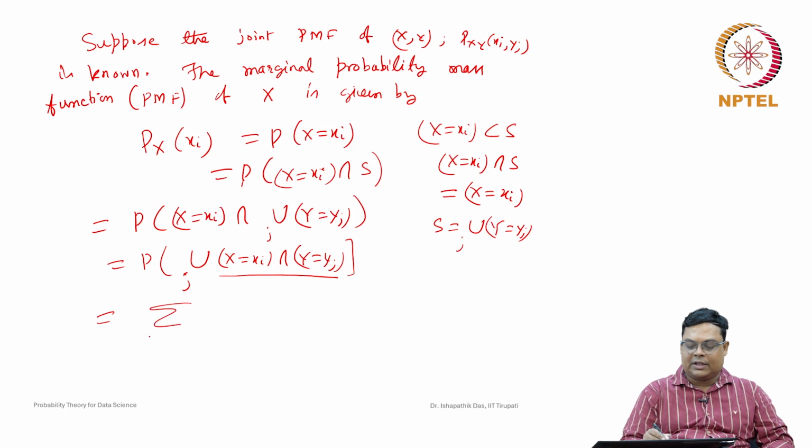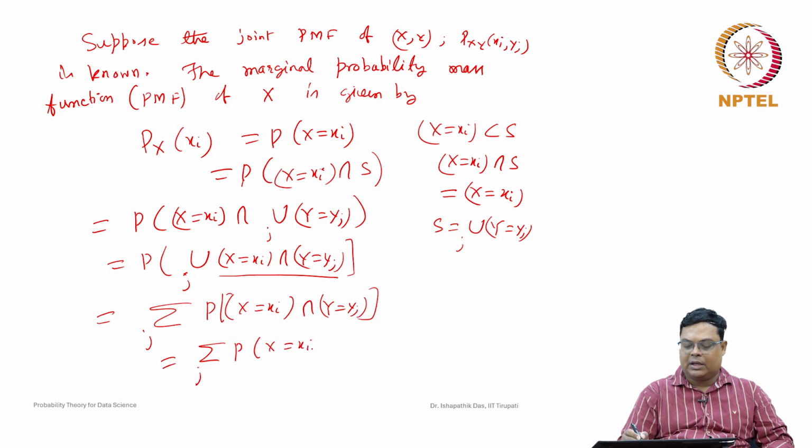So, this is nothing but the summation over j of the probability that X equal to x_i intersection Y equal to y_j. This is the summation over j of the probability that X is equal to x_i comma Y is equal to y_j. This is the joint probability mass function of x_i, y_j.